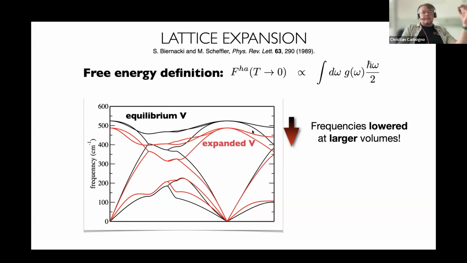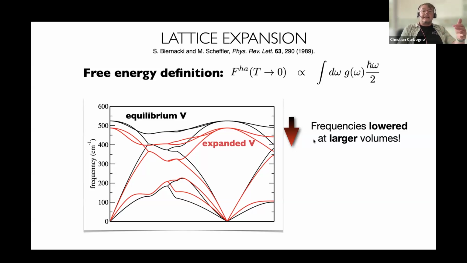What you see is that in silicon, if you expand your volume, the optical frequencies decrease in frequency. This is expected because you give your atoms more room to move, they interact less strongly, and this is what counts at high temperatures.